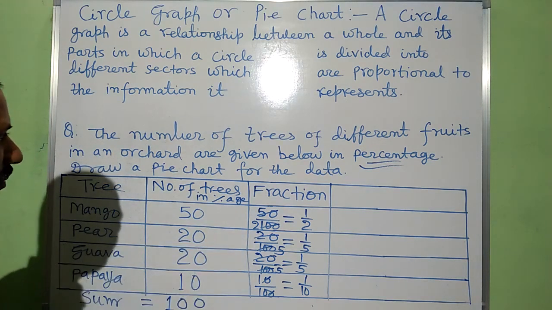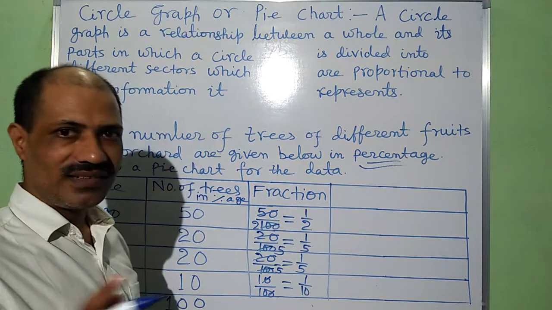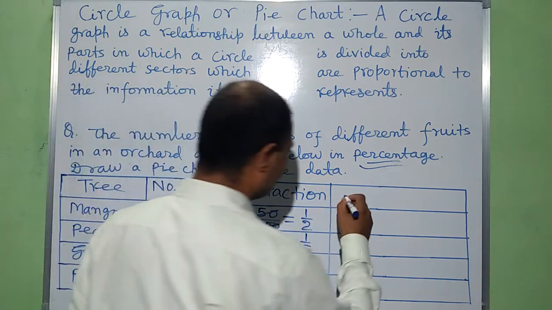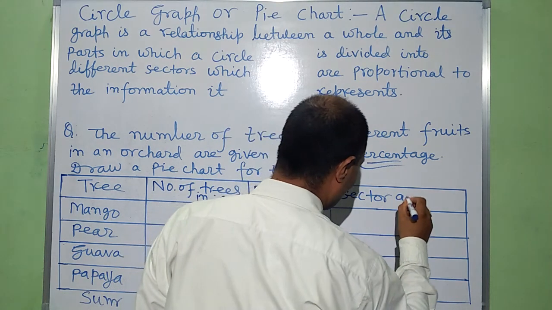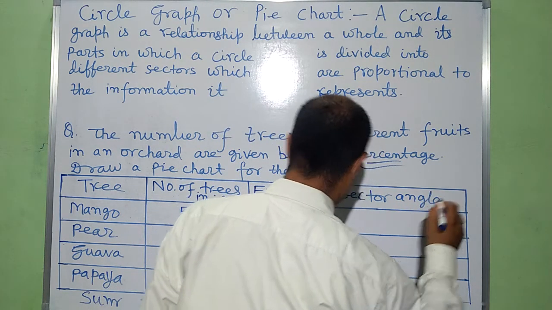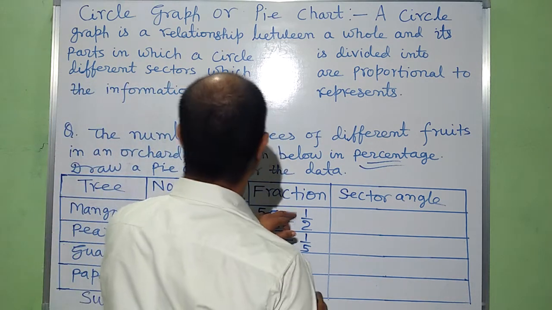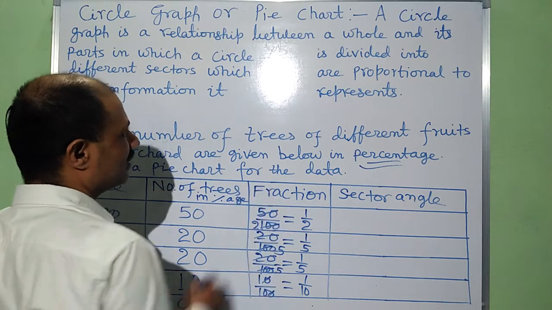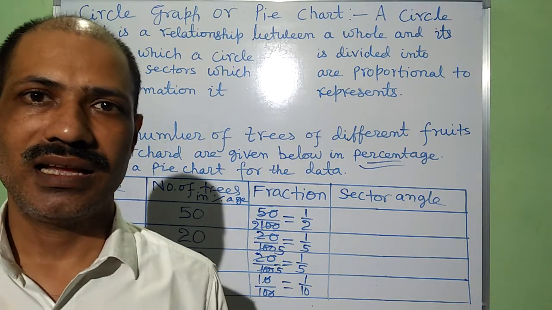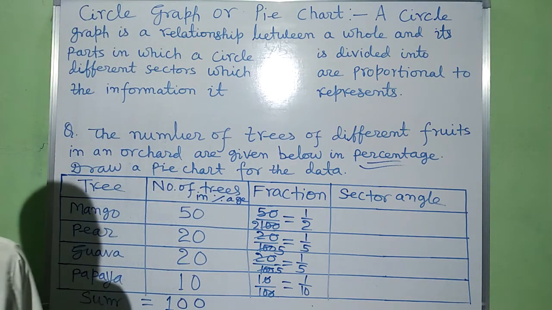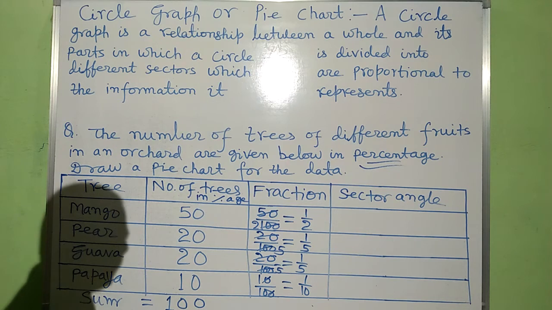This is the fractional part. Now we have to convert these fractions into sector angles. In a circle, at the center there is a complete angle, and the measurement of a complete angle is 360 degrees.